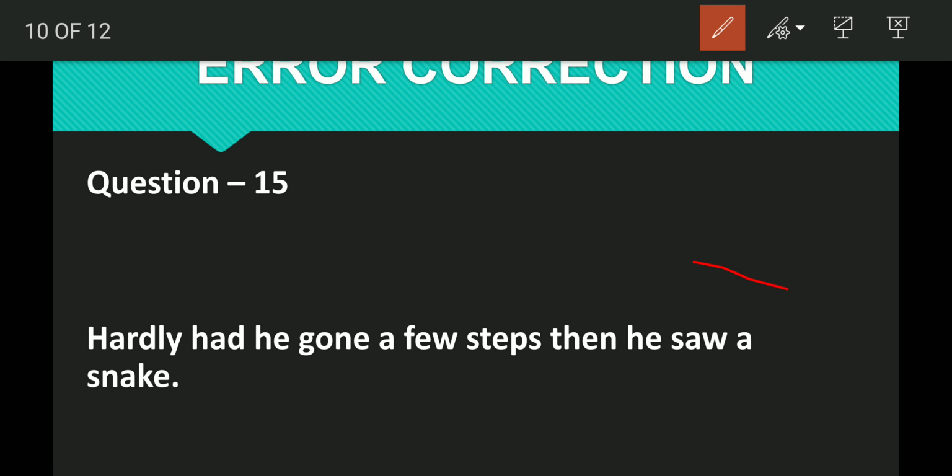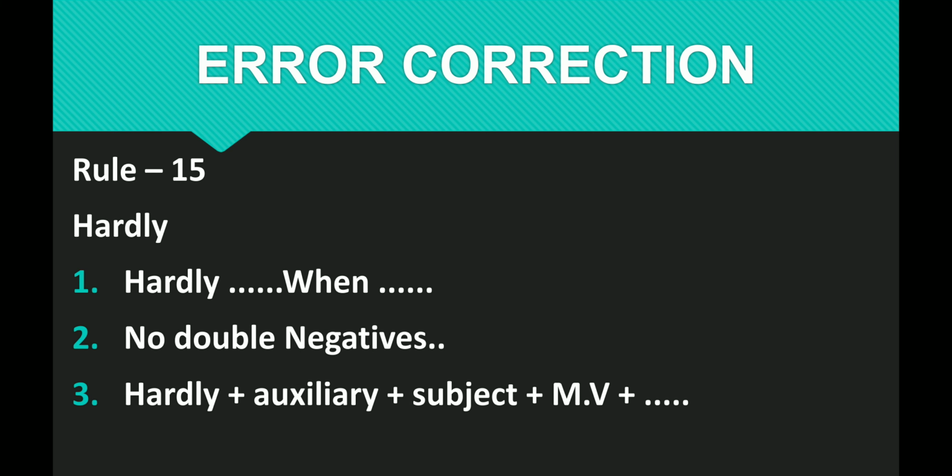Well, here is the rule. When you find the word hardly, do remember, check these three rules. If you check these three rules, then everything will be correct. The first thing, you check whether when is there or not. Second, as the word hardly is a negative word, we must not use double negatives.